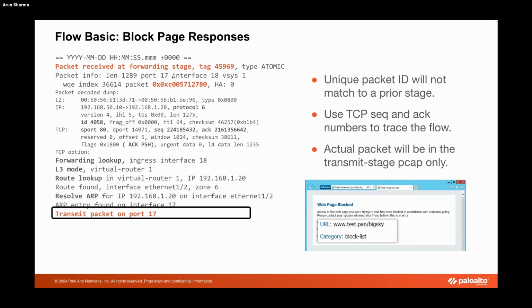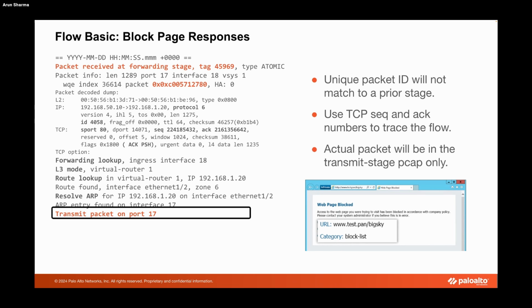But if you compare it here in the output, you won't see anything different that will tell you why this page is generated. We see that it's using the same tag. Forwarding lookup happened, route lookup happened. Just to correlate this with the actual PCAP, you have to leverage the IP identification, and that will give you more information.